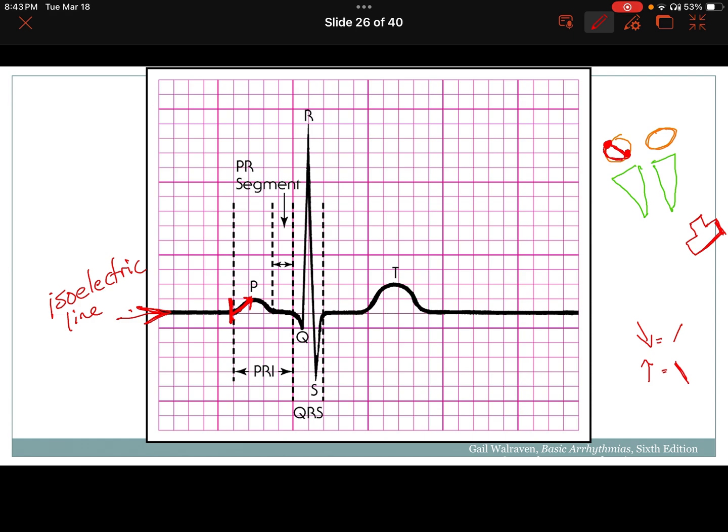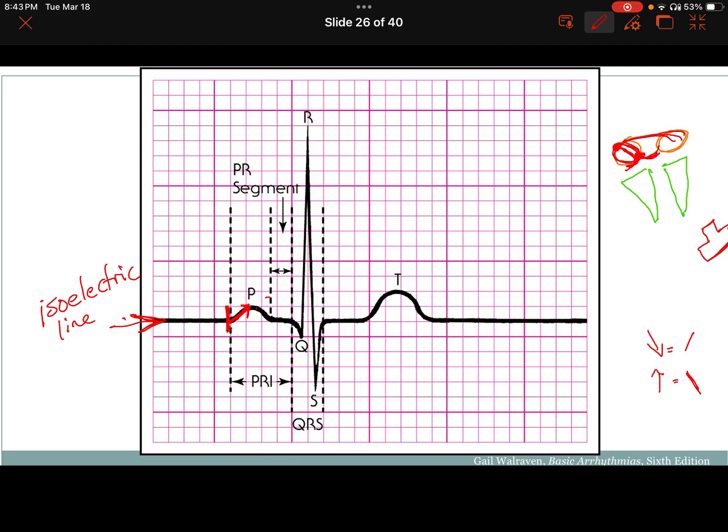You've got those little intrinsic pathways traveling to the AV node. And that is an upward deflection. And then it has to come over here and hook in here. I want you to think about it. When it has to return and make its turn to come back up here, that means it's moving away from the camera. So we're going to have a negative deflection.